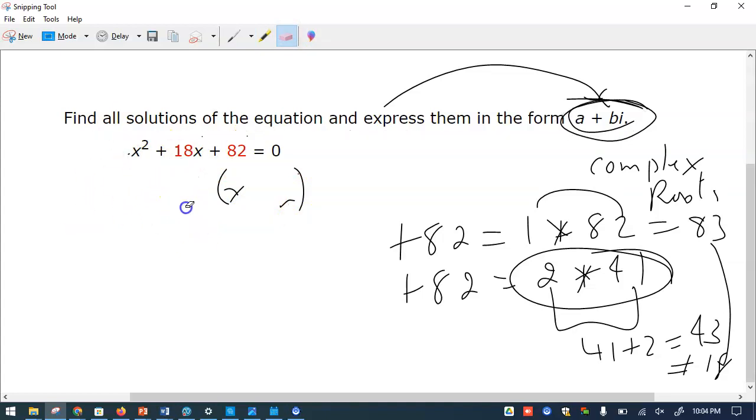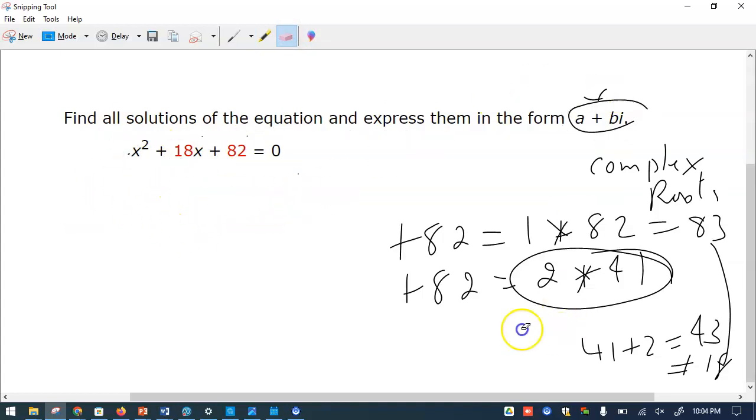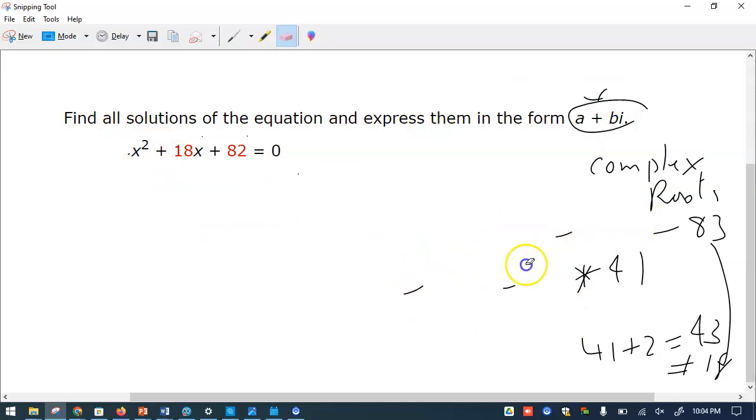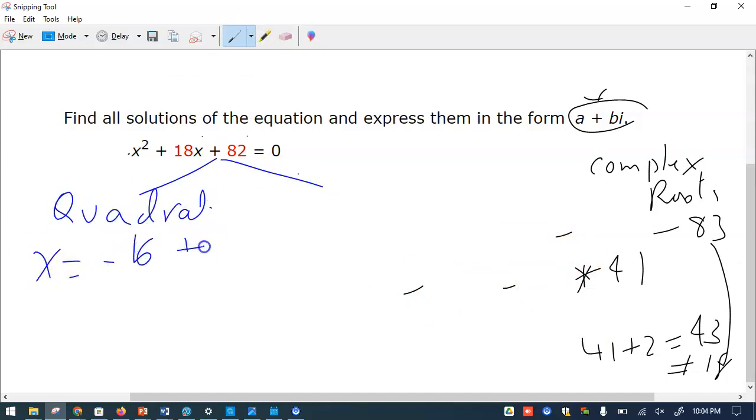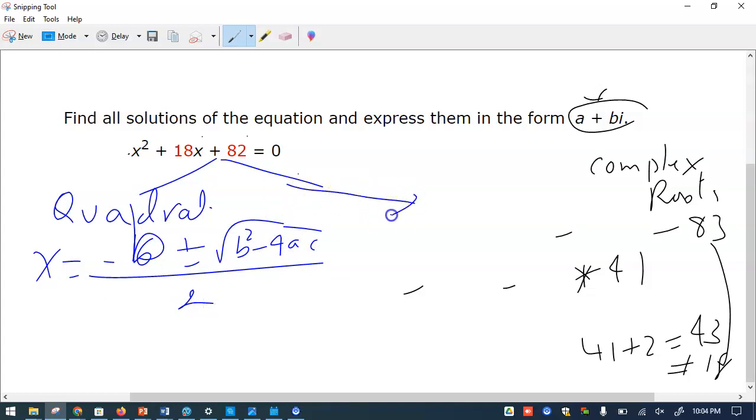So what are our options? If this doesn't work, does it have a real root? What is the best bet to do this? There are two ways you can think of. Maybe you want to think of the quadratic formula, and you may be thinking, okay, let me use minus b plus or minus the square root of b squared minus 4ac and all that. Or you may be thinking of the completing the square method. Which one is the easier one? Completing the square.